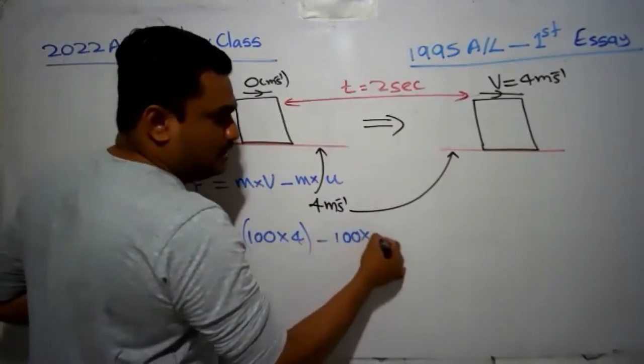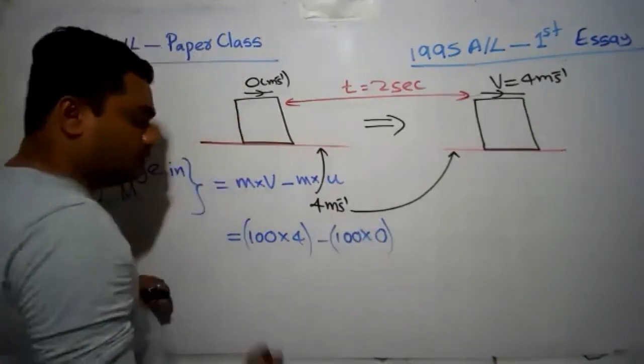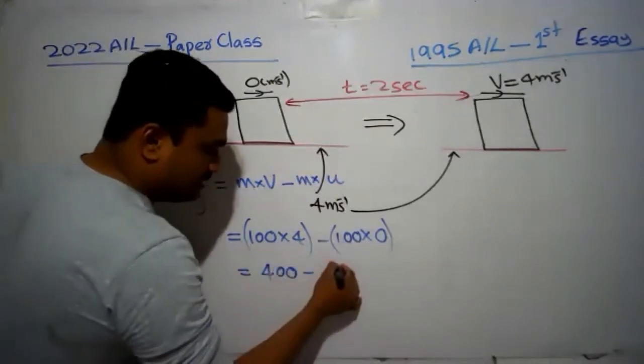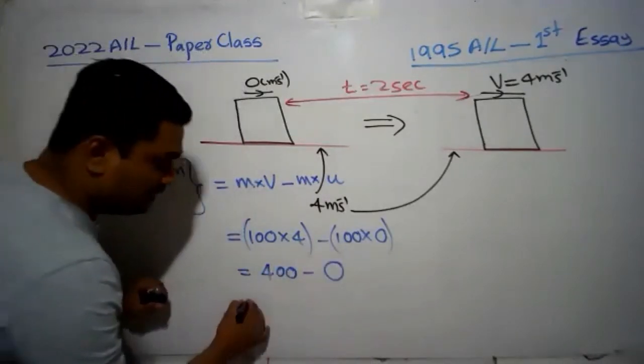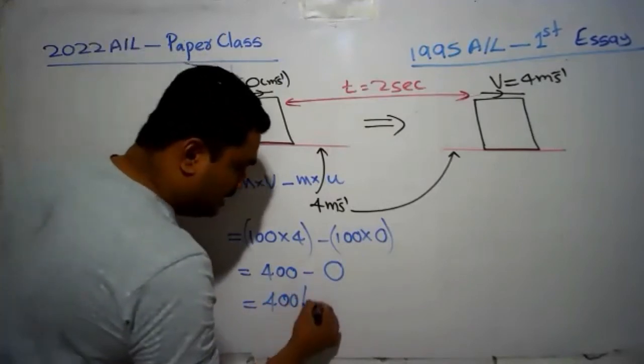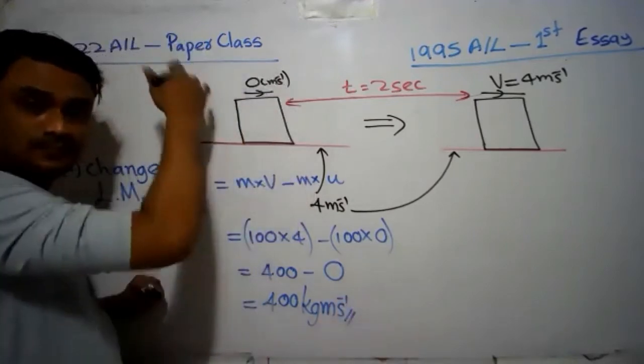Mass 100, initial velocity 0. Mass into initial velocity is the initial linear momentum. 100 into 4 is 400 minus 0 into anything, 0. Therefore, the change in linear momentum is 400. The SI unit is kg m s^-1. Complete.